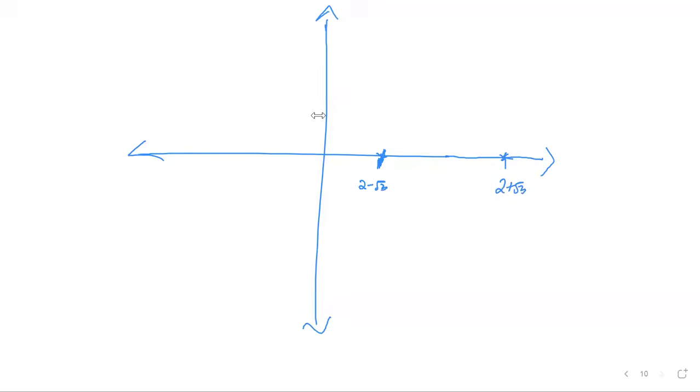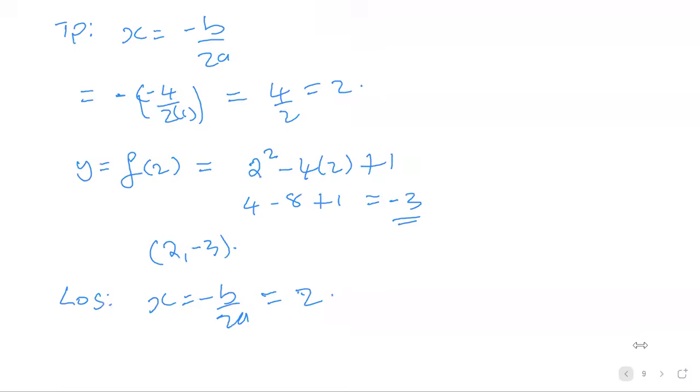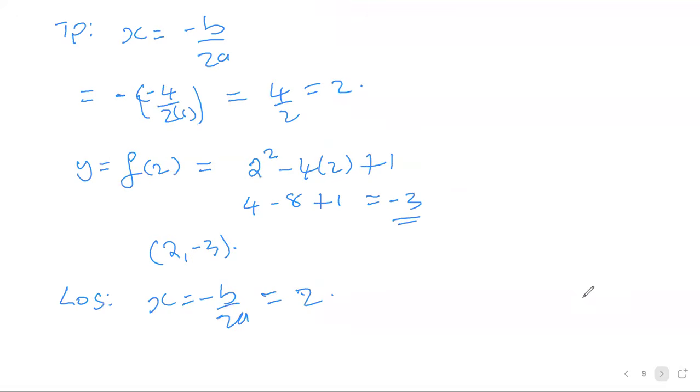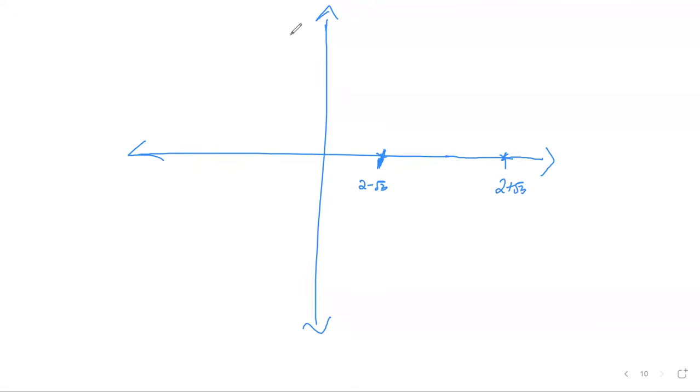Those are our x-intercepts. Our y-intercept is (0, 1), which is 0 on the x and 1 on the y. And our turning point is (2, -3).